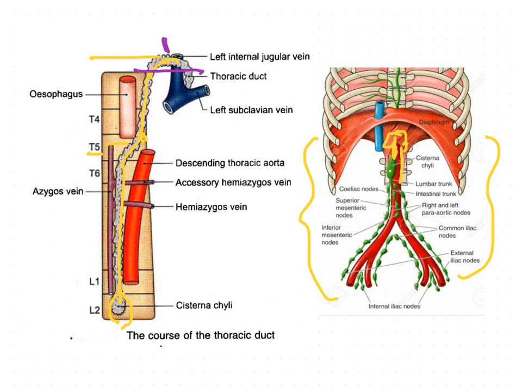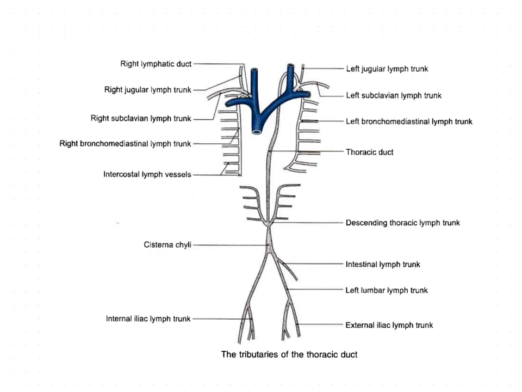Now we are going to see the tributaries of this thoracic duct. As we have seen in the general anatomy of lymphatic drainage, this thoracic duct drains both the halves of the lower part of the body and also the left half of the head, neck and thorax.